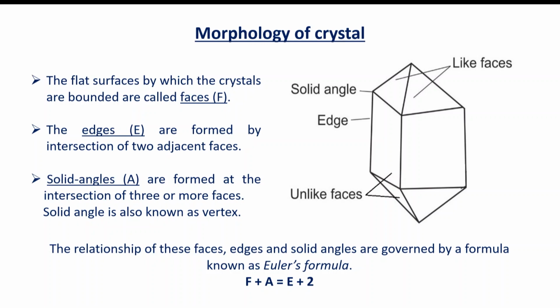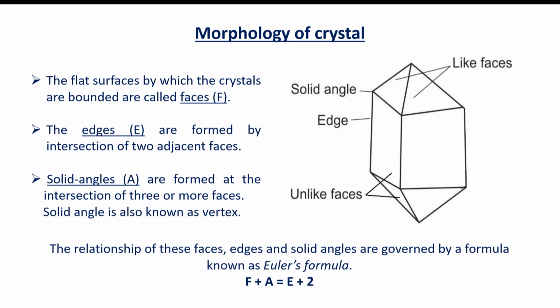Then you have the presence of solid angles that are represented as the corners of the cube. There are always 3 faces intersecting at the corner of the cube, and you can say there are 8 solid angles in it. So the number of faces is 6 and the number of solid angles is 8. So in total you have 14 on the left hand side of this equation.